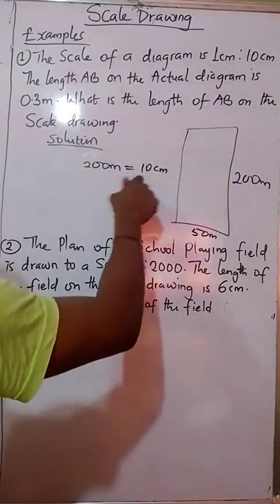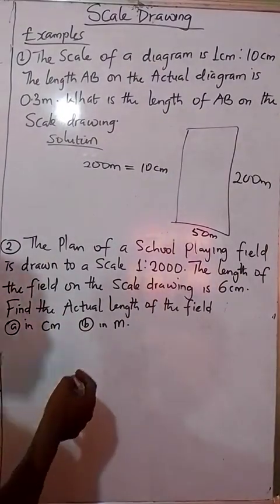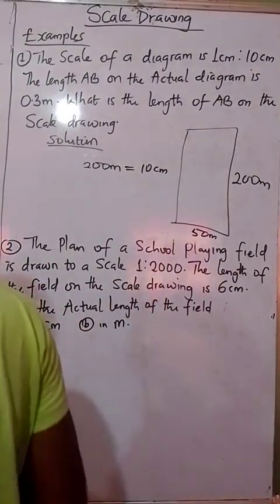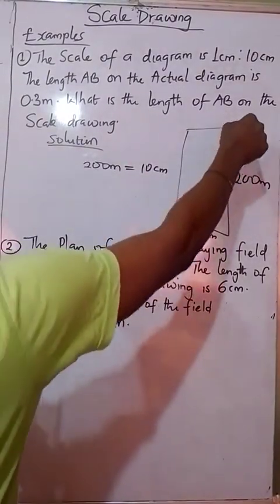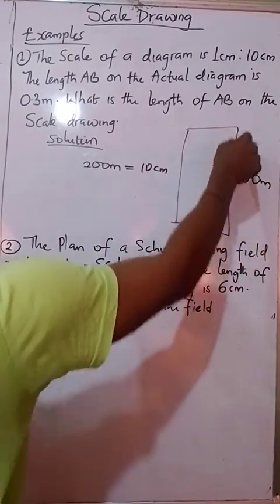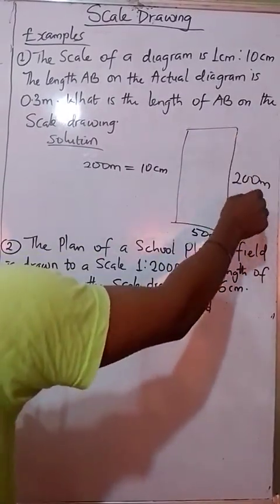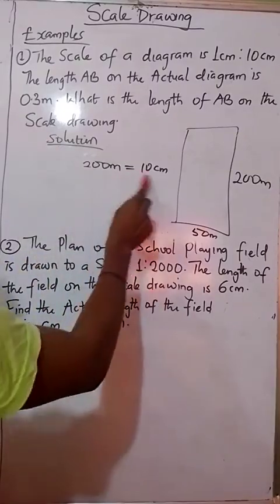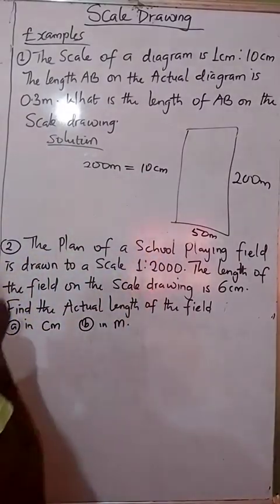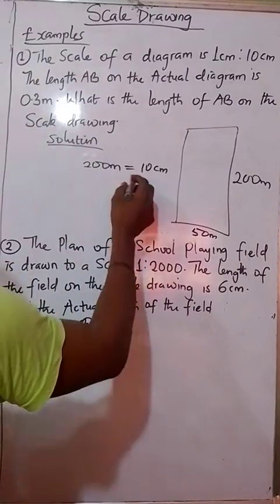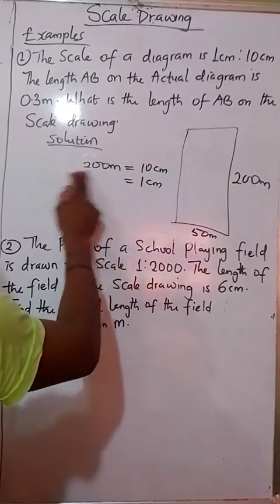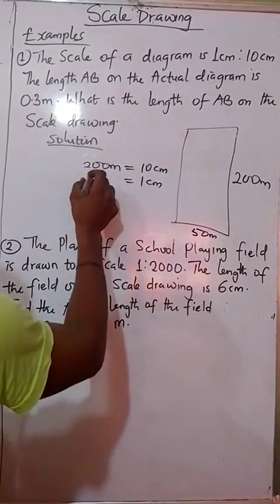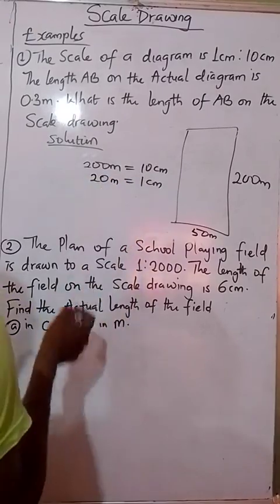If I say 200 meters is 10 centimeters, then 1 centimeter will give me 20 meters.